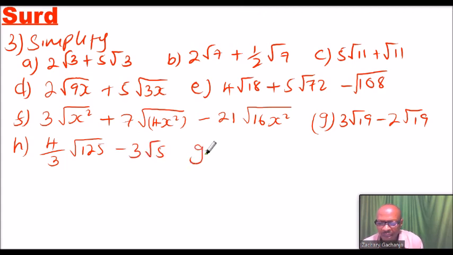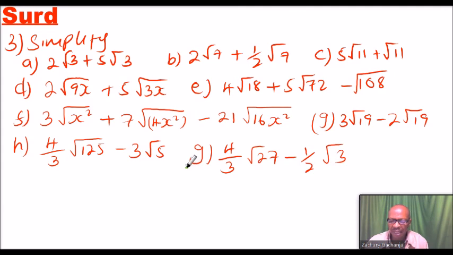And we have our I, which is 4 over 3 root 27 minus a half root 3. So we have covered that when we talked of addition and subtraction. So you should be able to manipulate this.